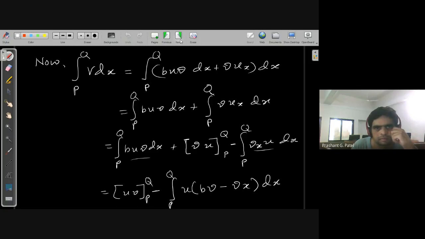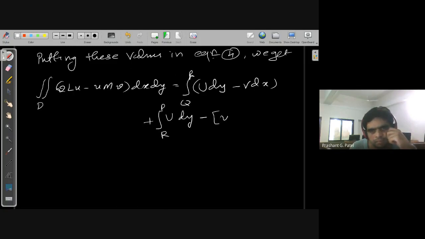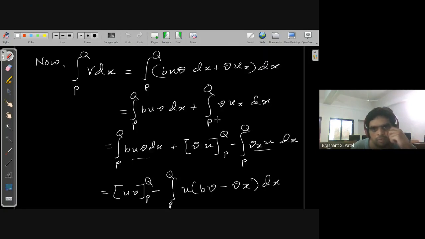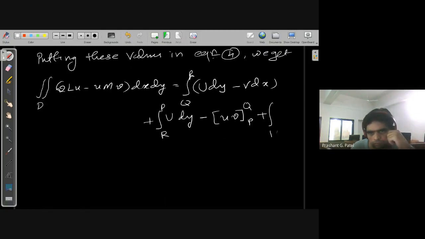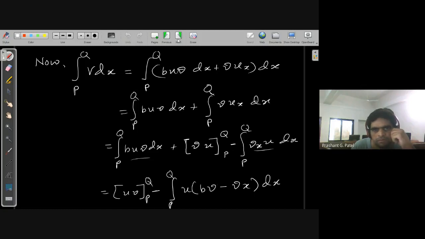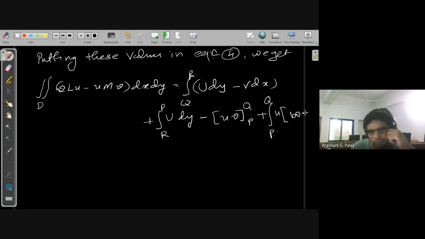That is minus PV from P to Q to R. Then minus minus becomes plus because it is of negative sign. Integration from P to Q of U into (BV minus VX) dx.